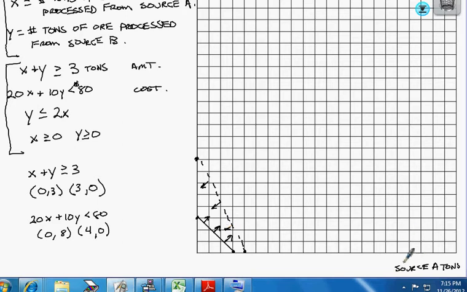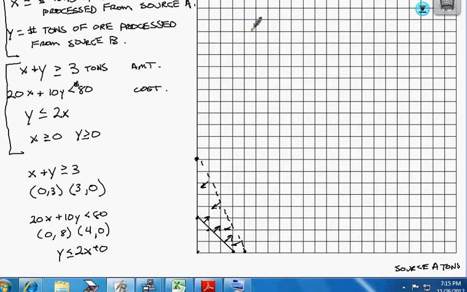And then I have one more, and that is y less than or equal to 2x. So we'll go y less than or equal to 2x plus 0. I'm going to go at 0, 0, and I'm up 2 over 1. Up 2 over 1.